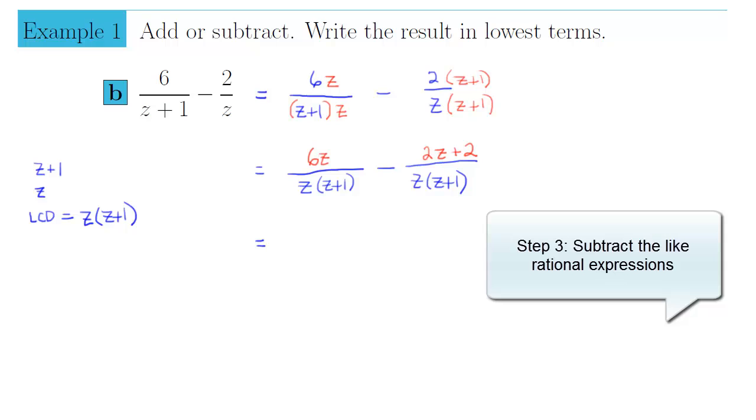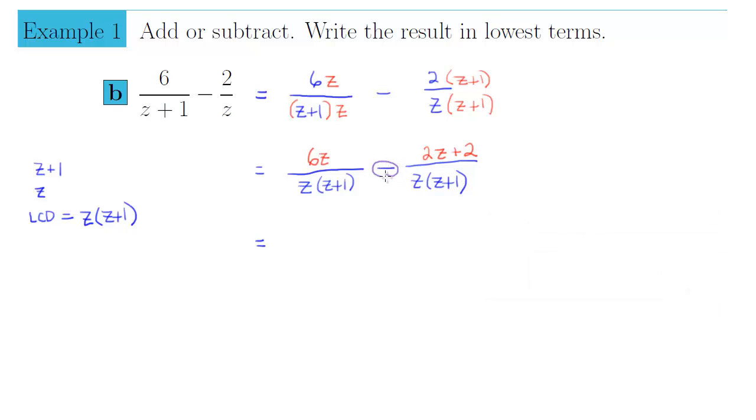The key thing to remember here is that there's a minus sign. So we must remember that when we're subtracting, we need to subtract every term that's in the numerator on the second fraction. So let me rewrite. We have a like denominator, so our denominator is going to be the same. It's z times z plus 1.